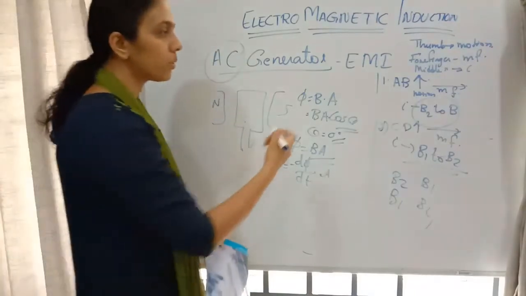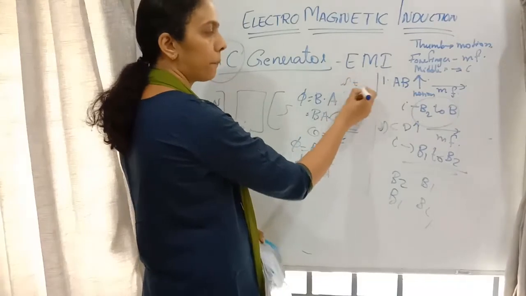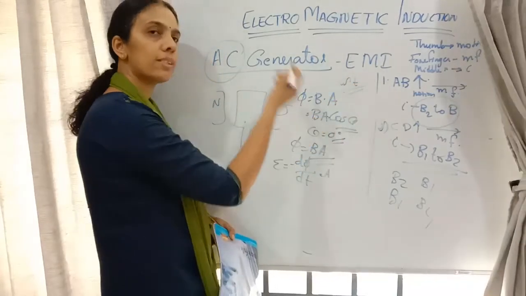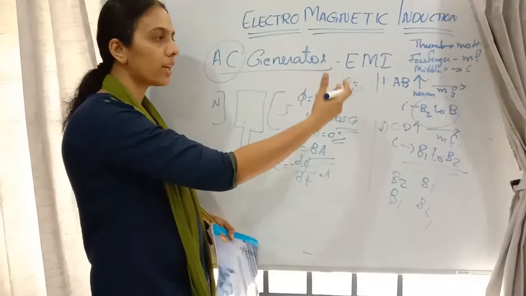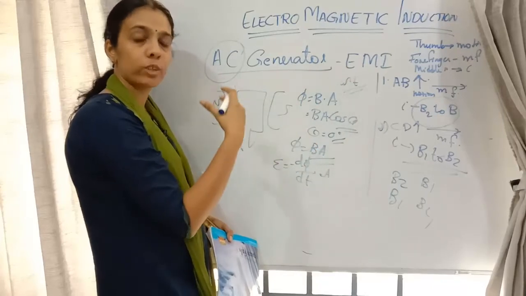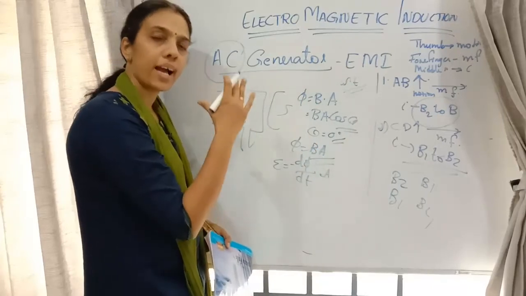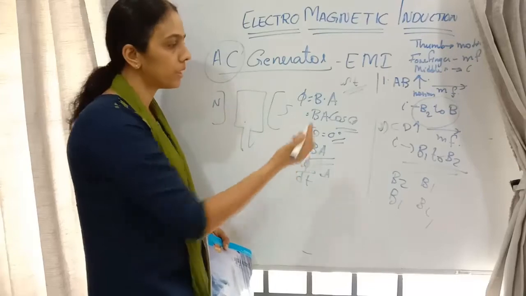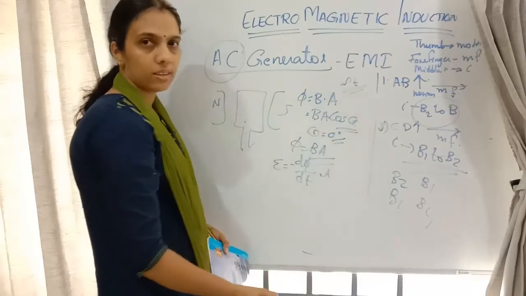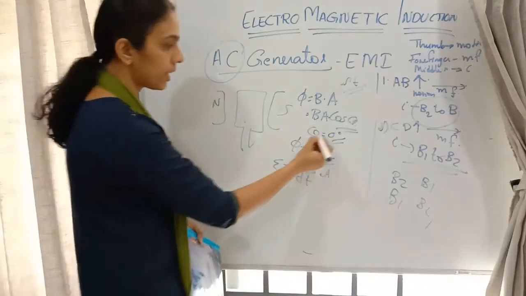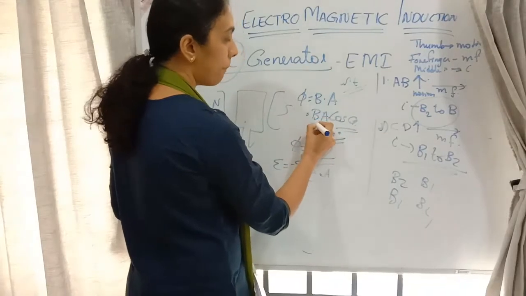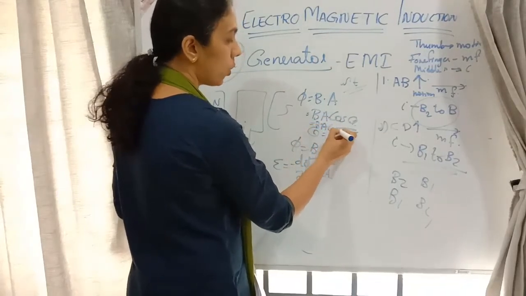Angular velocity is angular displacement divided by time, so angular velocity into time will be equal to the angular displacement. So instead of theta, we can write BA cos omega t.